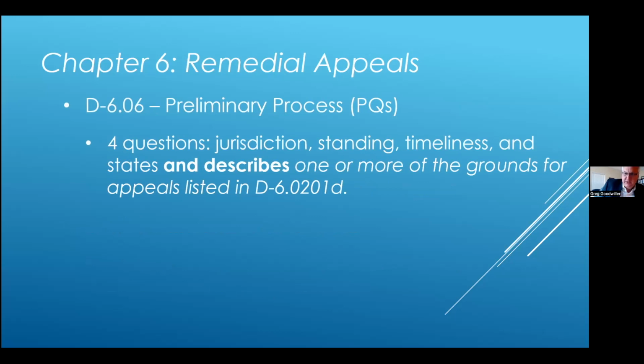Preliminary process is not unlike the way it was at the trial level, but with different questions. It does include the standard jurisdiction question and whether the appellant has standing to file the appeal, which can be a little tricky.